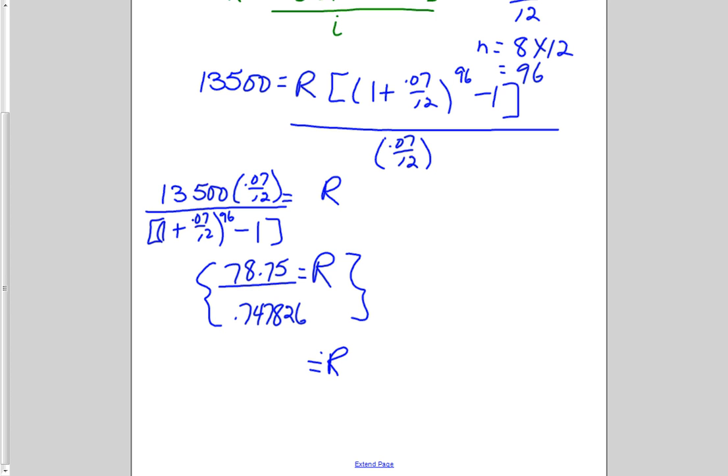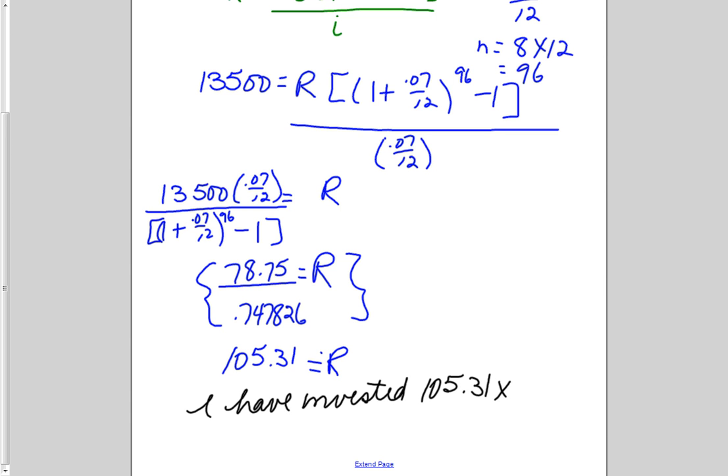My R value is approximately $105.31. So I have invested $105.31 for 8 years monthly.